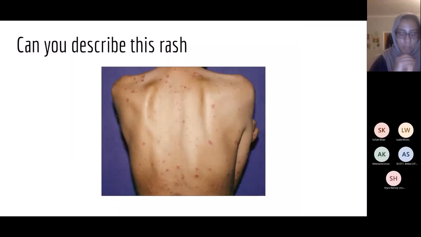So I'll give you guys a bit of time. And again, I appreciate that it can be very difficult to see if it's raised or not. But let's say, for example, these lesions are raised.